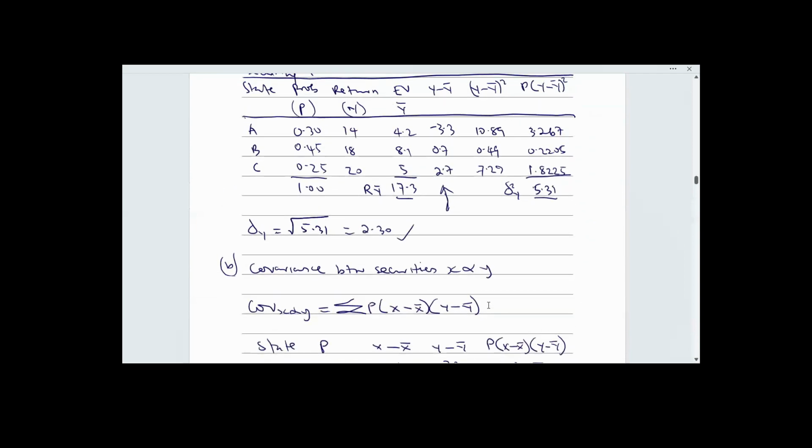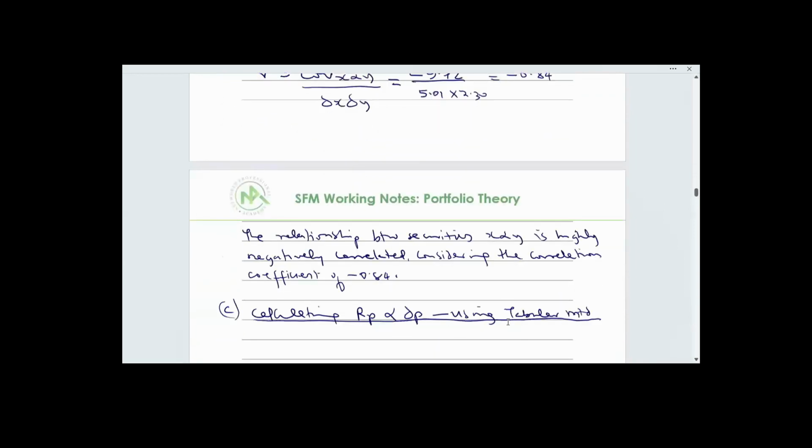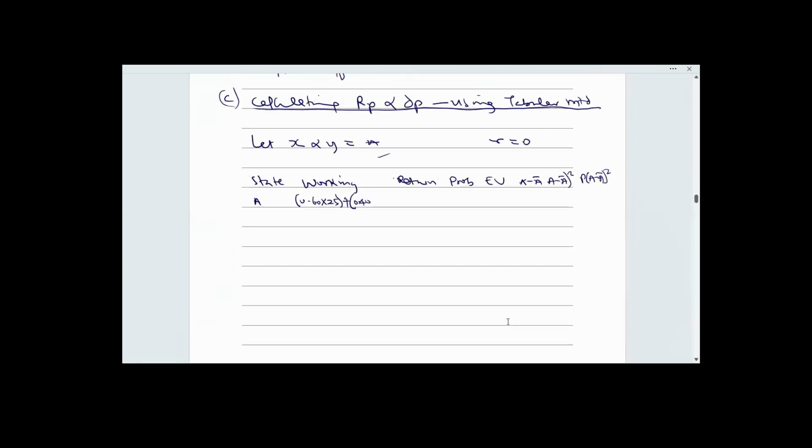Which is 14. Therefore, to get the return, I would say 0.6 multiplied by 25 equals 15, plus 0.4 multiplied by 14, equals 20.6. The return is now 20.6, which is the combined return.